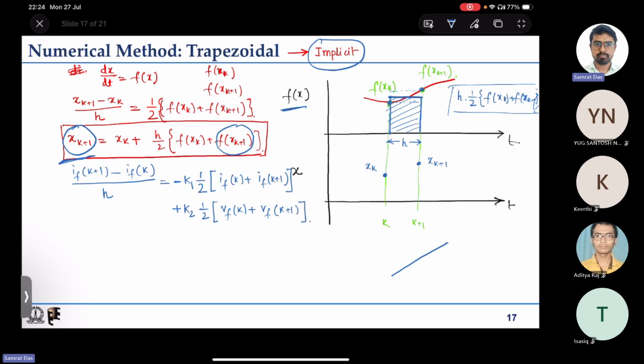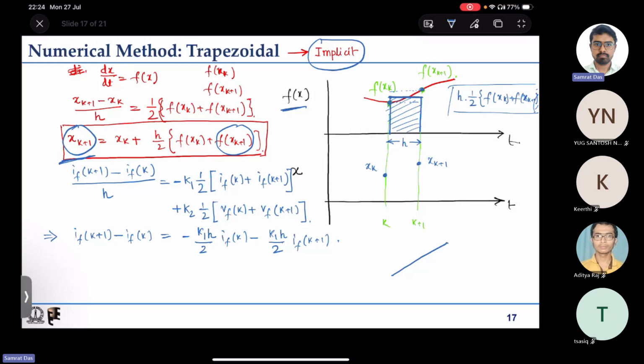In this case, if you solve for ifk plus 1, then ifk plus 1 minus ifk is equal to minus k1 h by 2 into ifk minus k1 h by 2 into ifk plus 1.